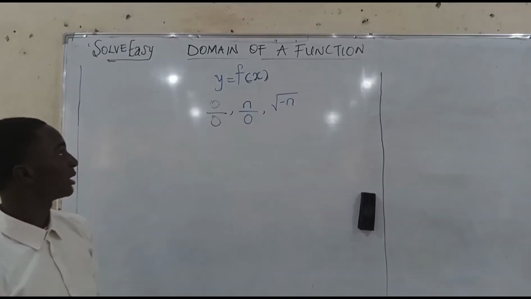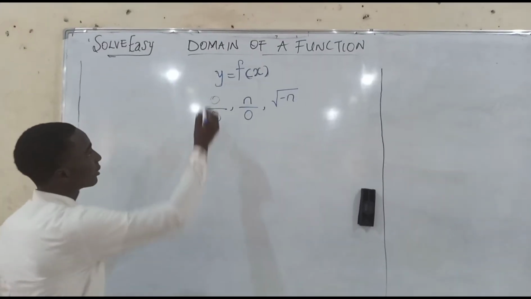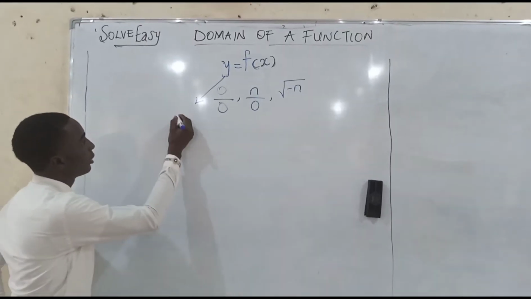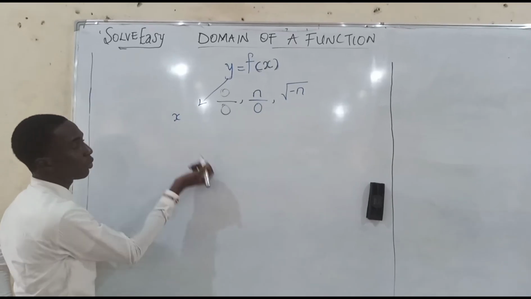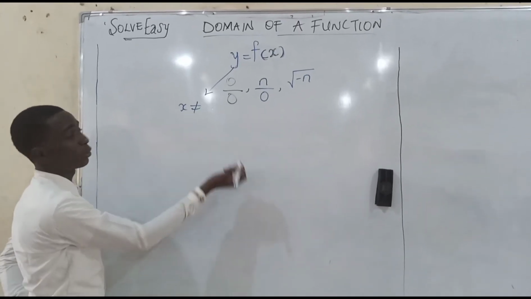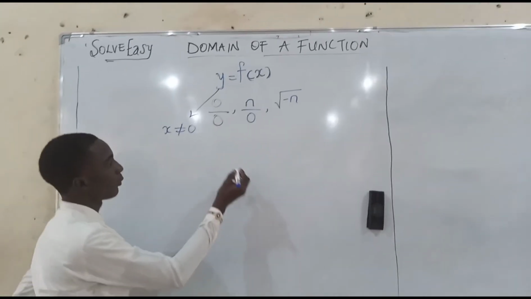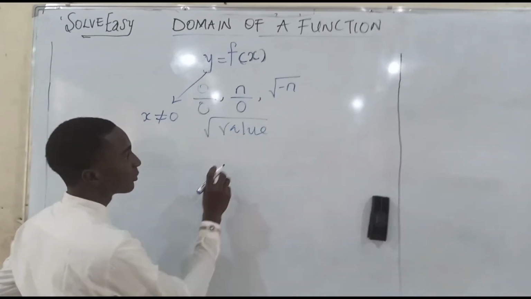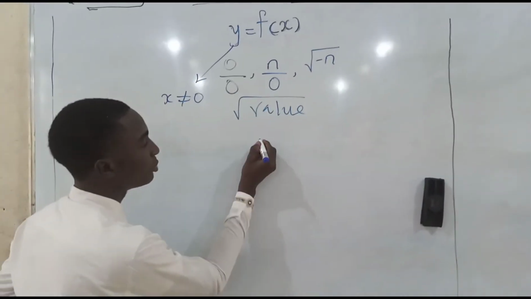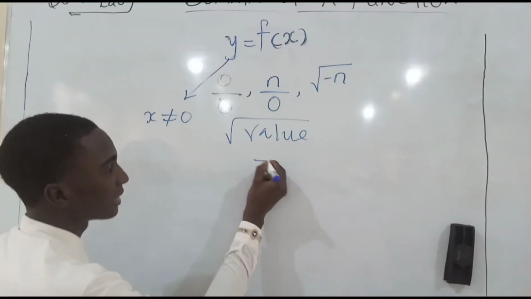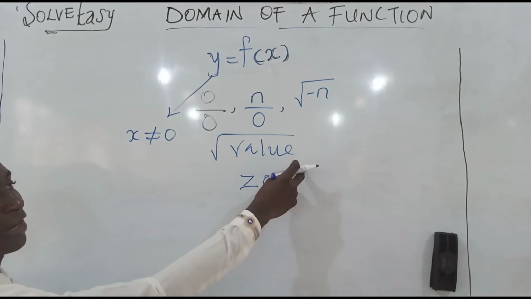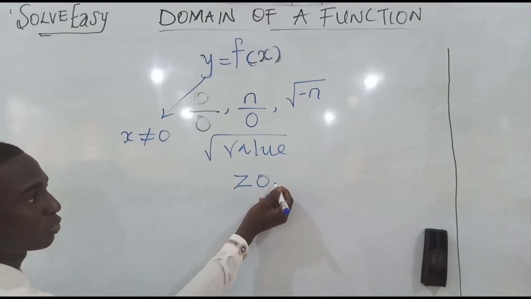Now the one thing I want us to get is that for every denominator, x or the number cannot be equal to 0. Also, for the square root of a given value, the value here must be greater than or equal to 0.